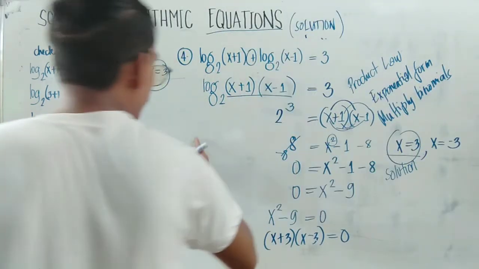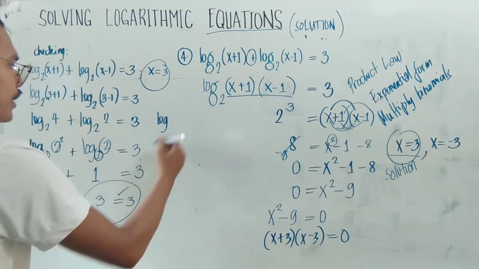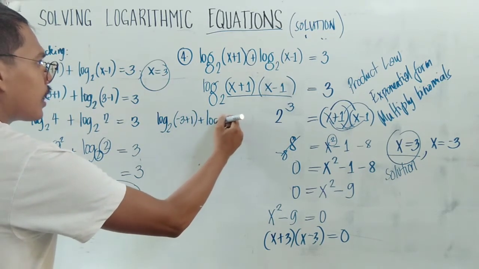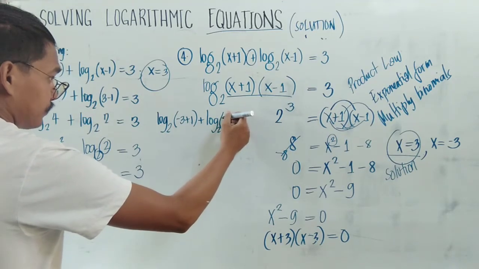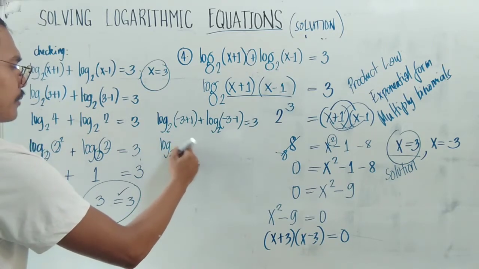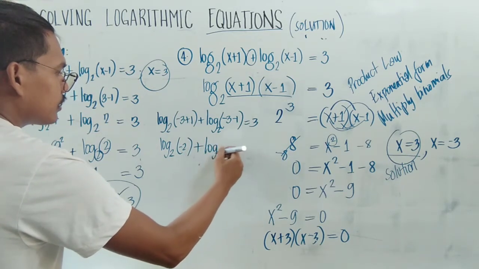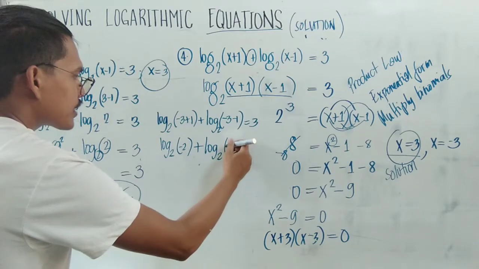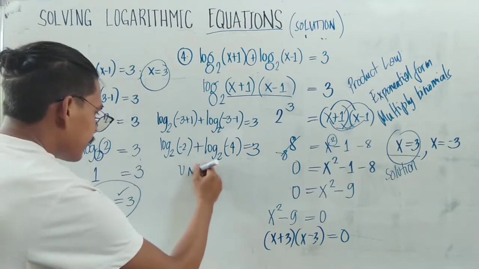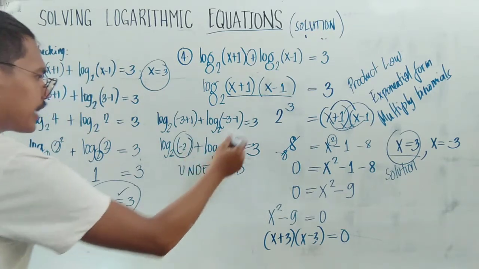Now let us check the other value of x, which is x equal to negative 3. So we substitute right away: log base 2 of negative 3 plus 1 plus log base 2 of negative 3 minus 1 equals 3. Simplifying, we have log base 2 of negative 2 plus log base 2 of negative 4. Okay, it will be undefined, because we have a negative number.